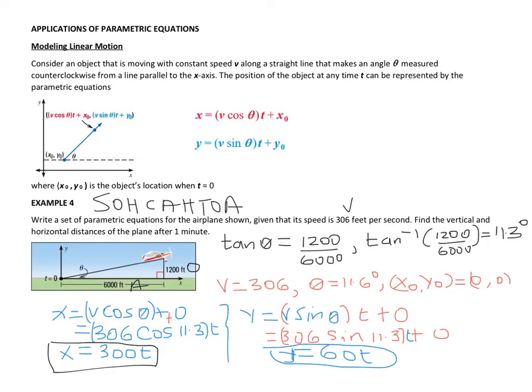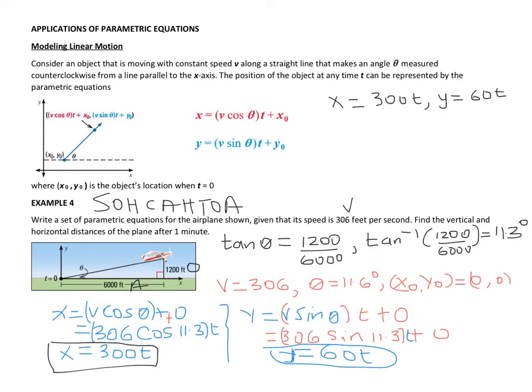This is y. So now let me just summarize my equations here. So I have x is equal to 300t, and I have y is equal to 60t.